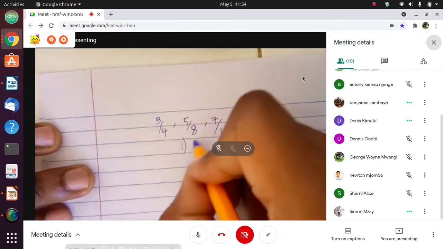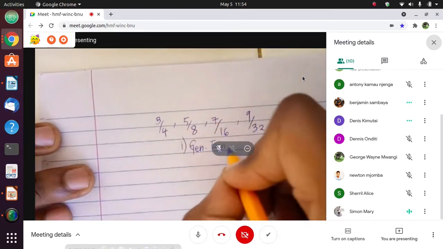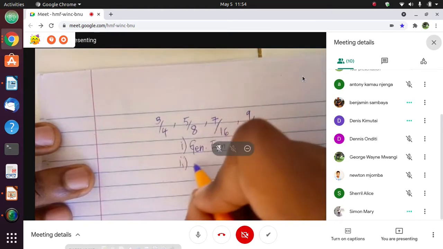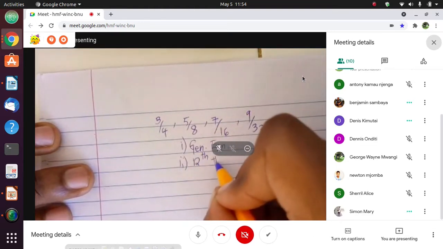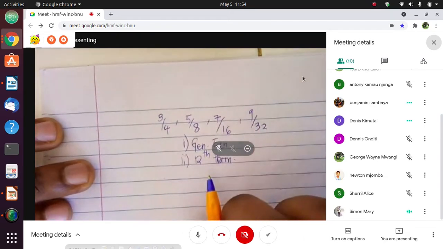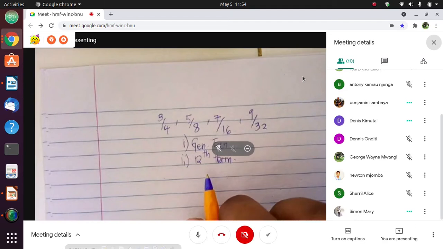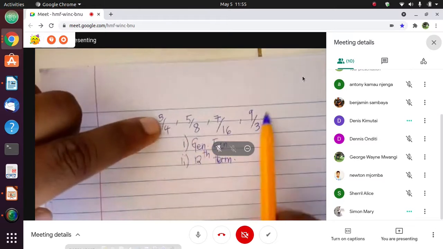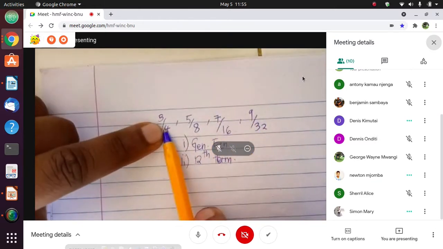The first thing is you find the general equation of this specific formula, and this question specifically is asking us to find the 12th term in that sequence. Now, the first thing we have to do is to determine whether this is a geometric sequence or an arithmetic sequence. Now, how do we tackle fractional sequences? What we do is we separate the numerators and we separate the denominators.